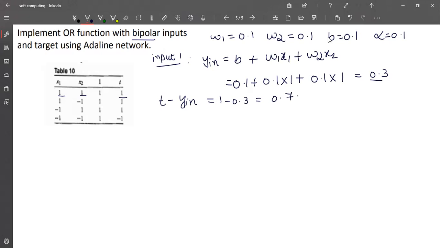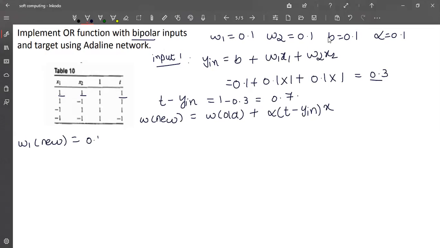And now we have to find new weights to use for next input. So to calculate the new weights, the formula is W new is equal to W old plus alpha into t minus y into x. So now let's find new W1.